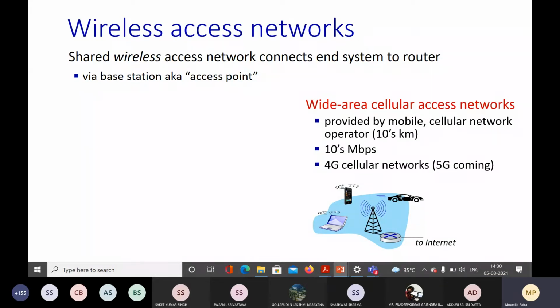It is given a little vague, around 10s of Mbps, because the transmission rate obtained depends upon many factors, one of which is the distance of the device from the base station. If your device is nearer to the base station, then you get a good data rate.